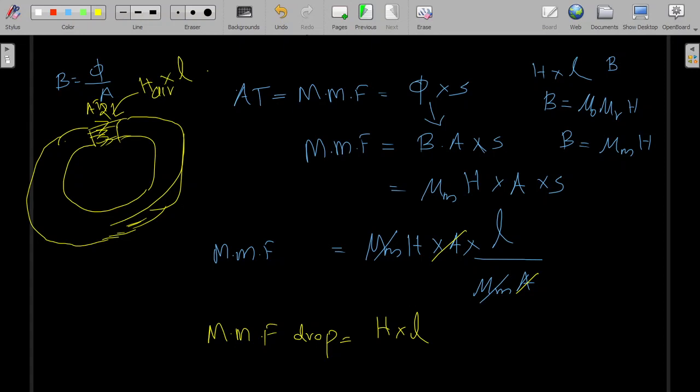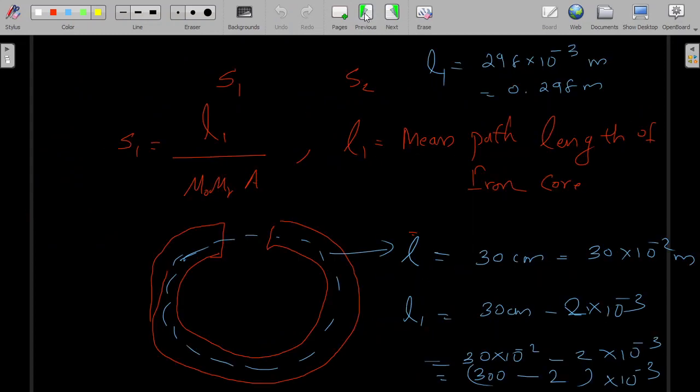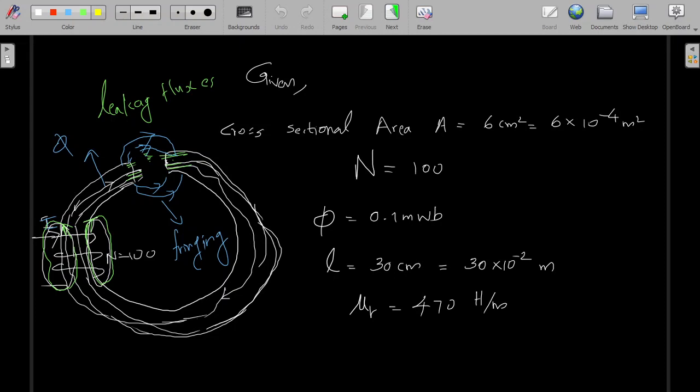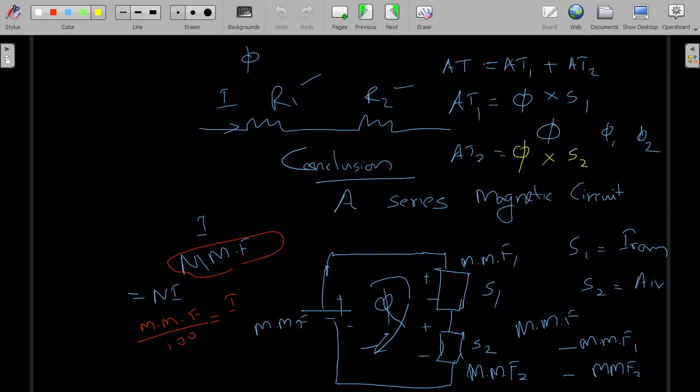Instead, you should apply KVL or KML, Kirchhoff's mmf law, for this circuit.